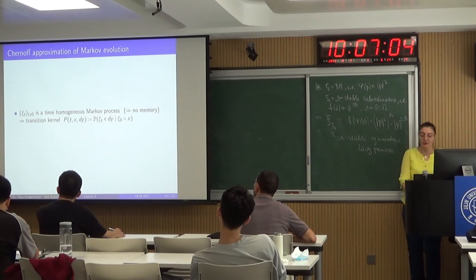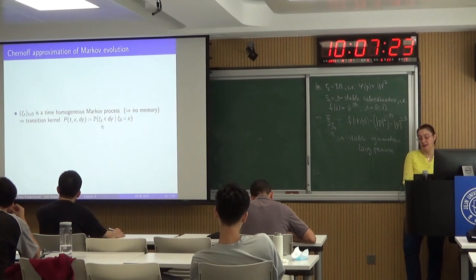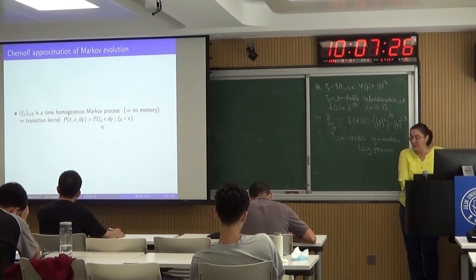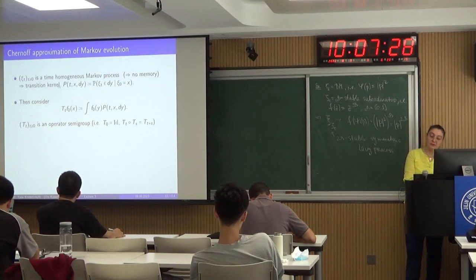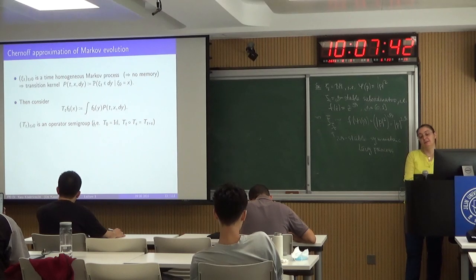If we have a time homogeneous Markov process, that is, a process which has no memory, then the most important characteristic of this process is its transition kernel, P t x dy, which gives us the probability of a transition from point x to some set dy, when we have t units of time for making this transition. As soon as we have the transition kernel, we can construct integral operators, and by the Chapman-Kolmogorov property of the transition kernel of a Markov process, this family of operators is a semigroup.